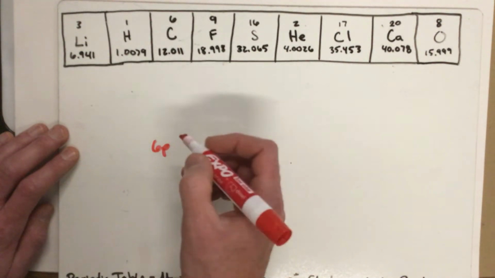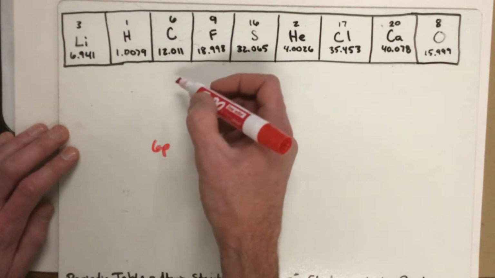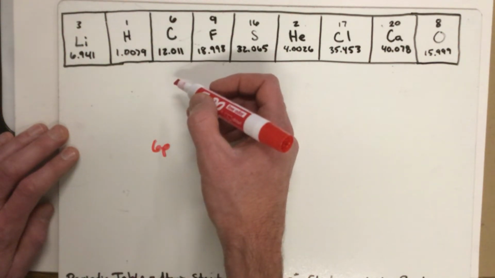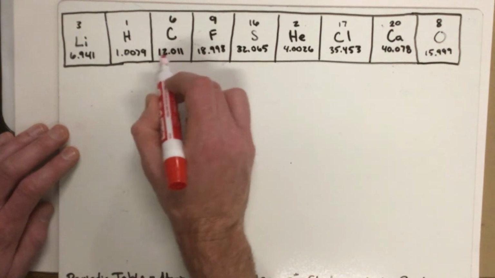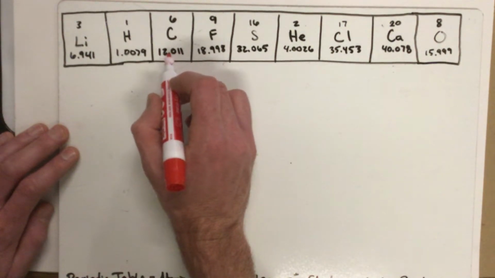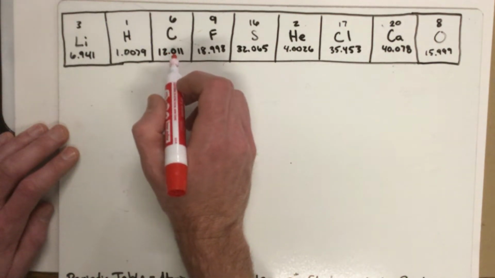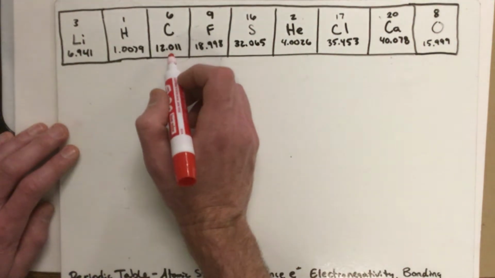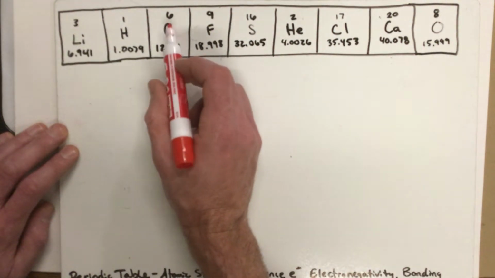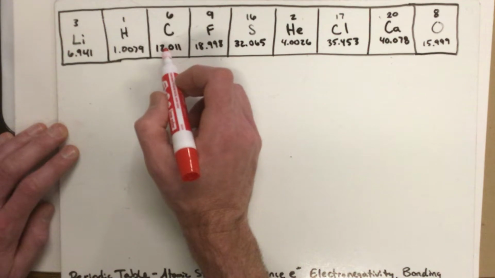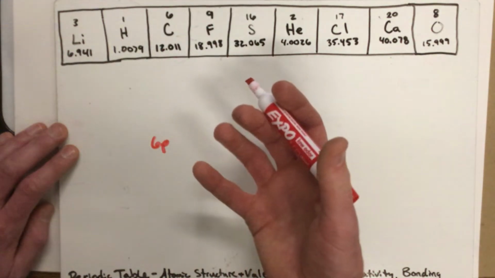All right, well, now we think to ourselves, how many neutrons are going to be in there? Well, this number right here is called the atomic weight, and it's actually an average of all the carbons out there in the world. So you can see most carbons out there in the world have a mass of 12.